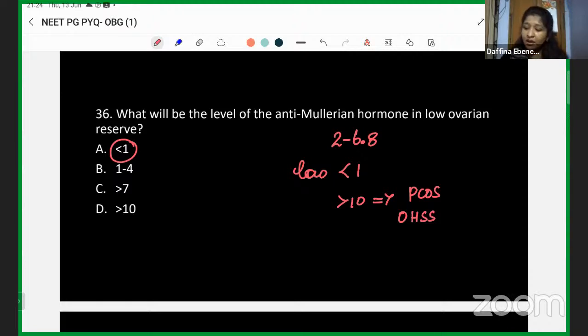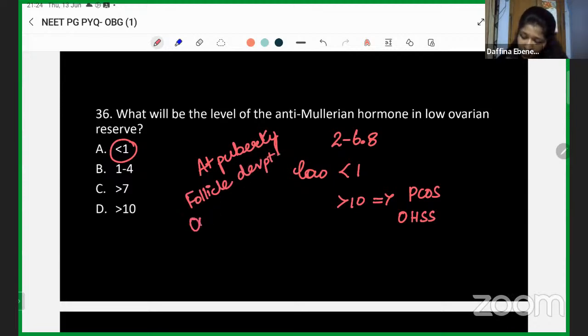Anti-Mullerian hormone at puberty has two roles: follicle development and oocyte differentiation. This is not present in embryogenesis. If it is present in embryogenesis, Mullerian duct itself won't develop. It is formed only after puberty.